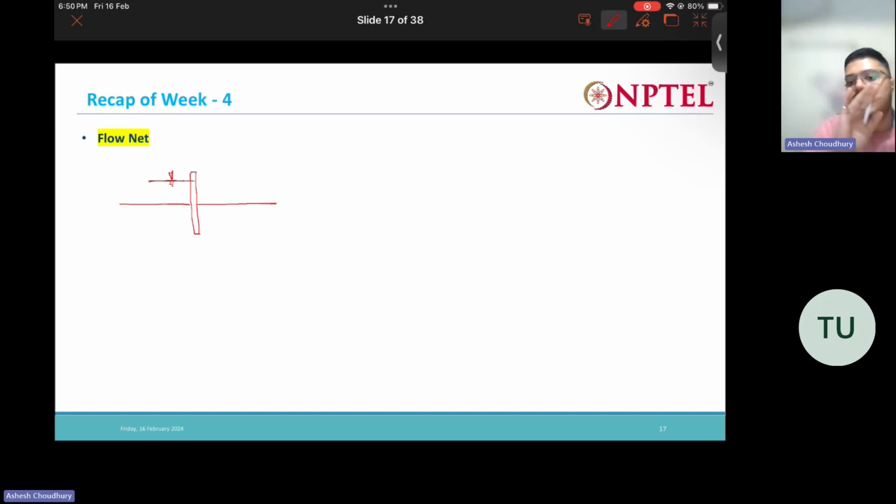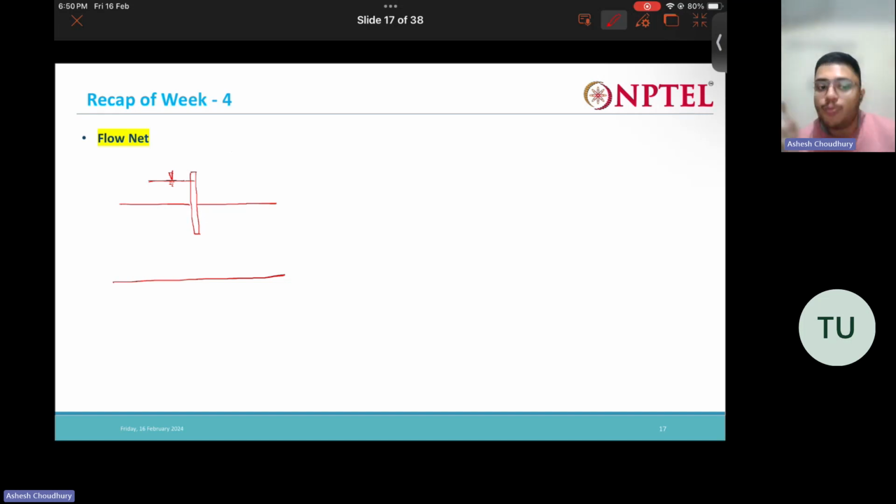Obviously, due to the high head on one side, water is going to flow from one side to the other, right? How the water is going to flow and how much water is actually going to flow, we can determine by drawing flow nets.